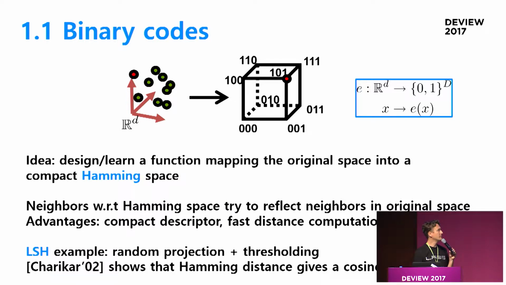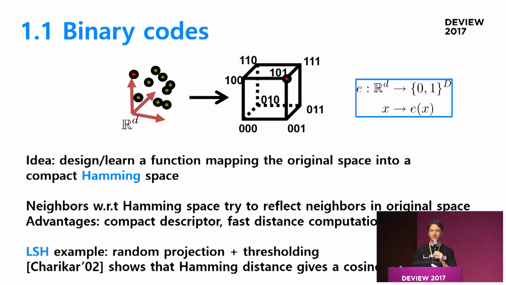So typically, the distance that you will use in the binary space is a Hamming distance, or the Hamming similarity, which computes the number of similar bits between the two representations. The advantage is, of course, the fact that this provides compact descriptors. If you're projecting, for instance, let's say, into 128 dimensions, you will have a 16 bytes descriptor.